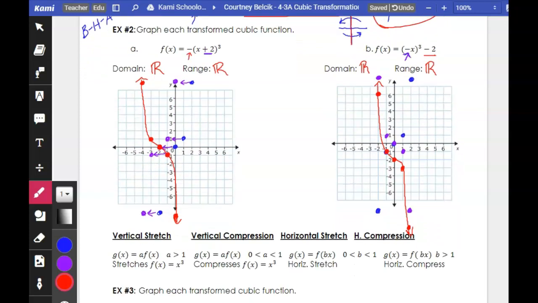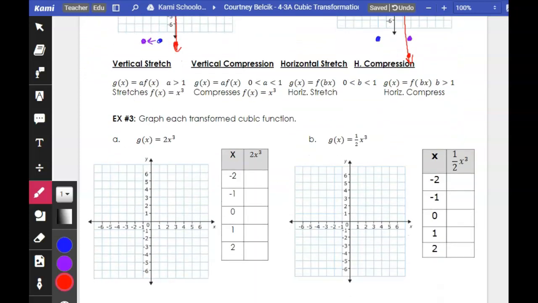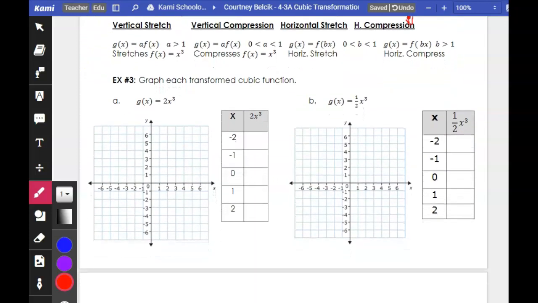So let's look at scale changes, stretching, compressing. There was an easier way that we found how to determine scale changes. And the way we did that is we counted, with parabolas at least, we counted going to the right 1 unit and how many units you go up. You should be going up 1 unit, but if you went up more, then that was your scale factor that you were changing.